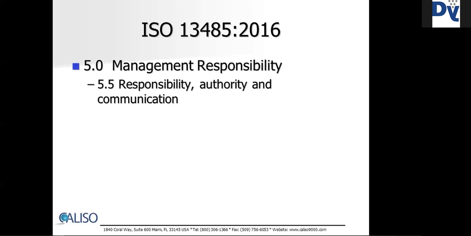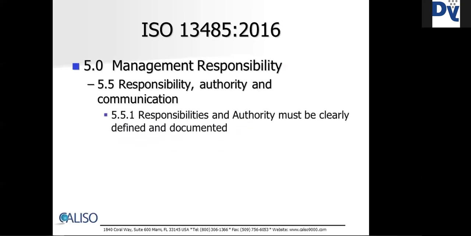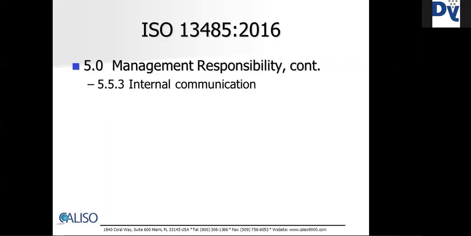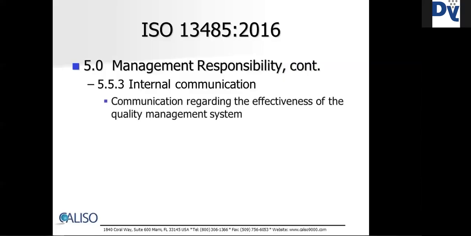Responsibility, authority, and communication. Responsibilities and authorities must be clearly defined and documented, such as in an organizational chart. A management representative must be appointed and shall be responsible for the effectiveness of the quality management system. Top management is also responsible for internal communication regarding the effectiveness of the quality management system.